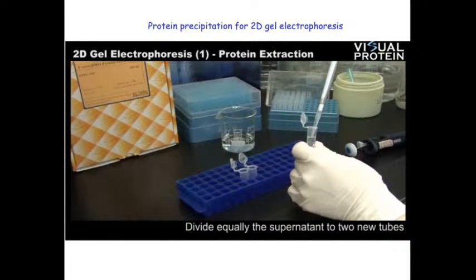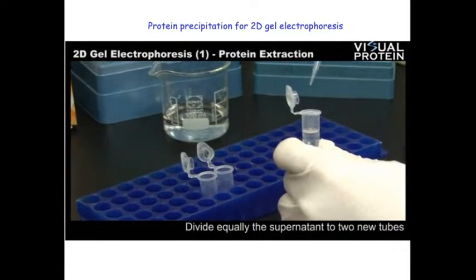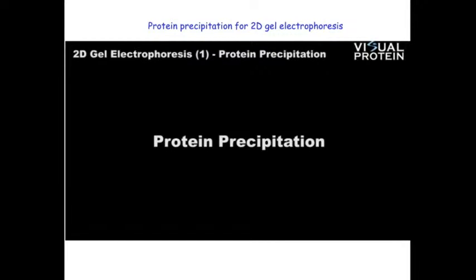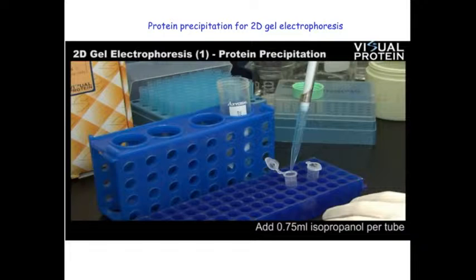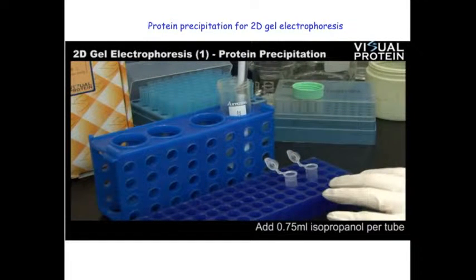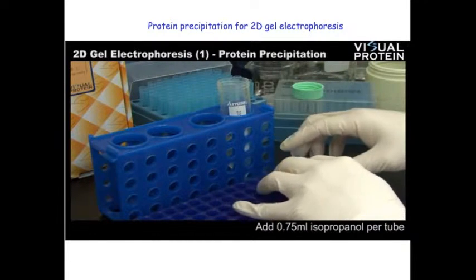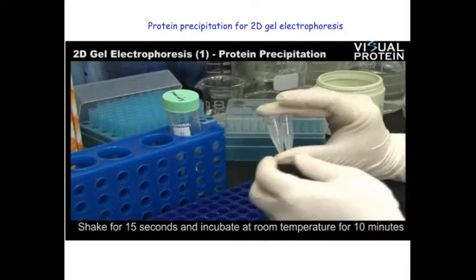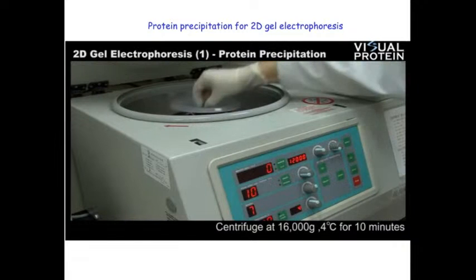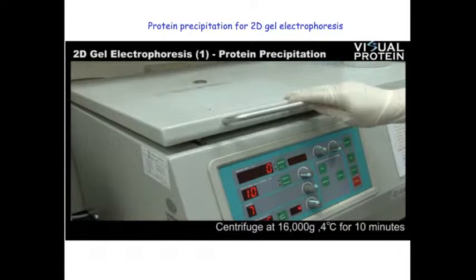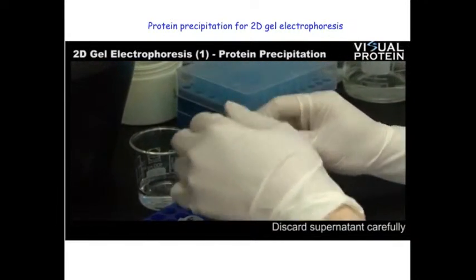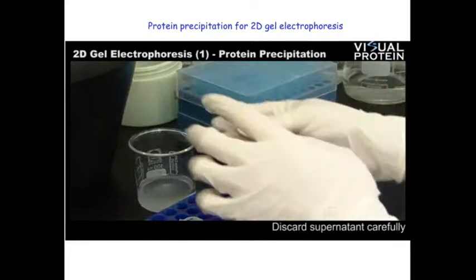Centrifuge. Now you divide your supernatant into two new parts. Isopropanol was added. Discard the supernatant carefully.